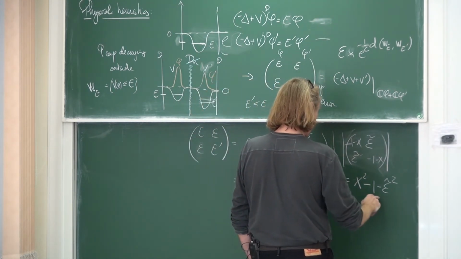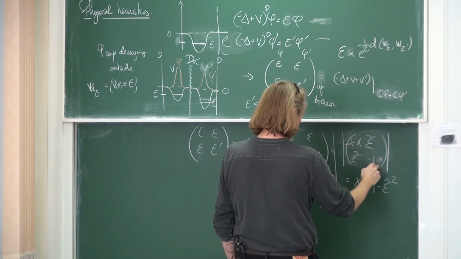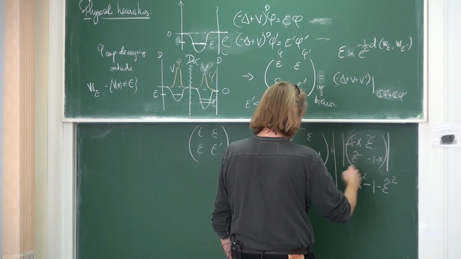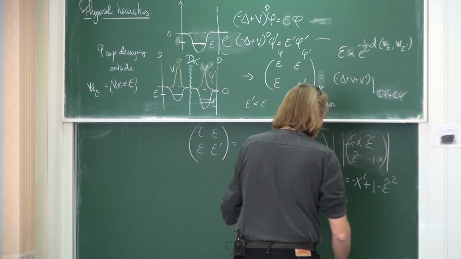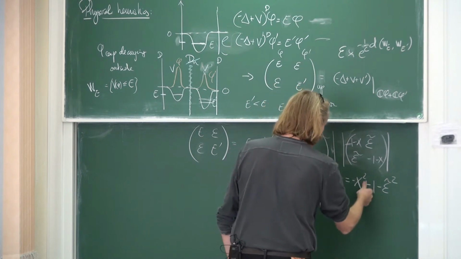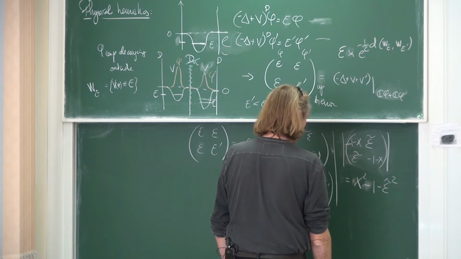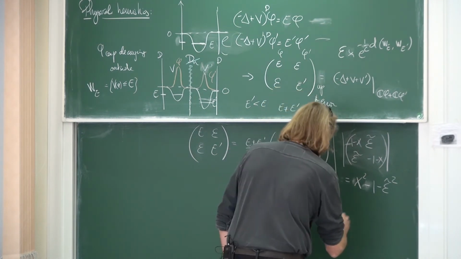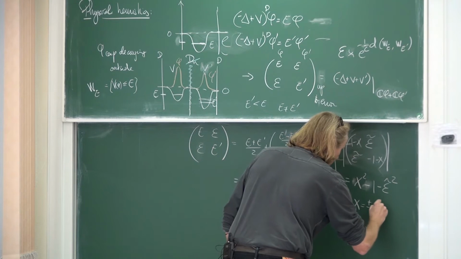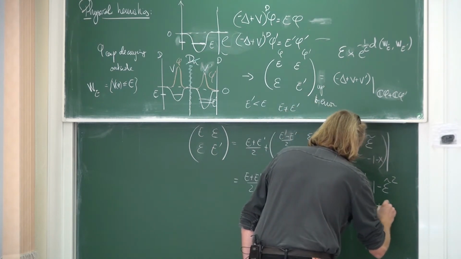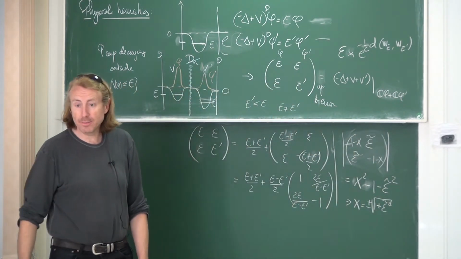Let me check: minus x squared plus 1, right, this is fine. It gives x plus 1, x minus 1. And so we get as eigenvalues x equals plus or minus the square root of 1 plus epsilon tilde squared. These are the eigenvalues.